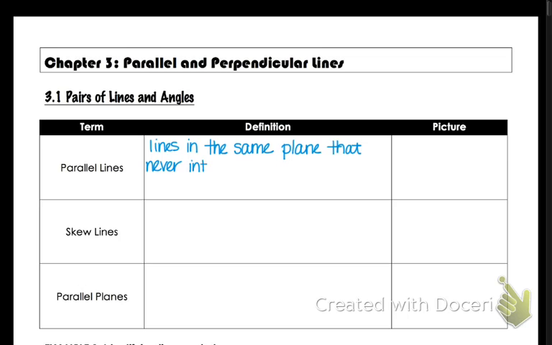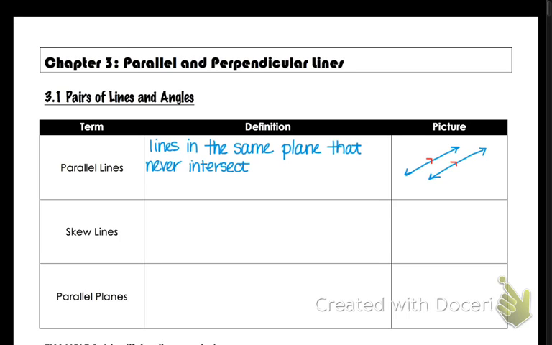It is possible that lines in different planes never intersect, but we wouldn't call those parallel, we'd call them something else. So in this case, something like this would be two parallel lines. To mark on the picture that lines are parallel, we use little arrows instead of tick marks, and that shows you that those two lines are parallel to each other.